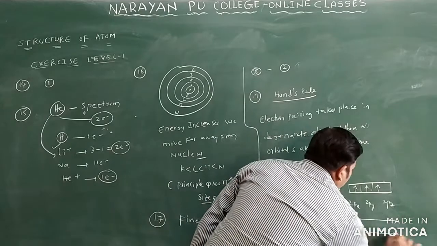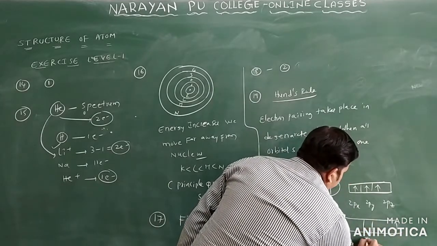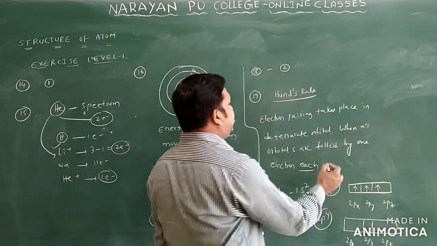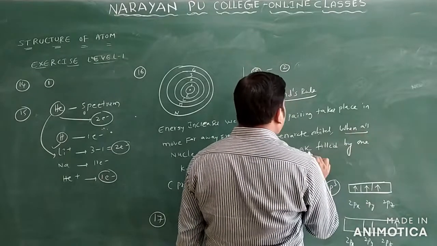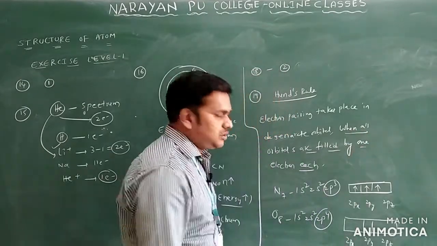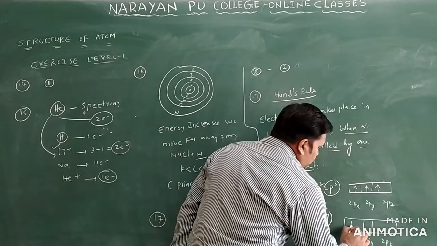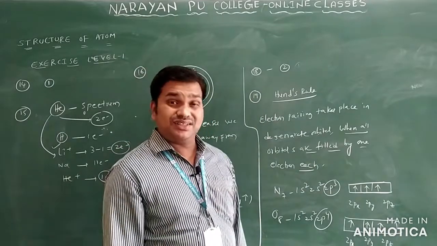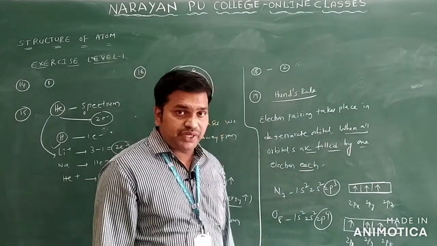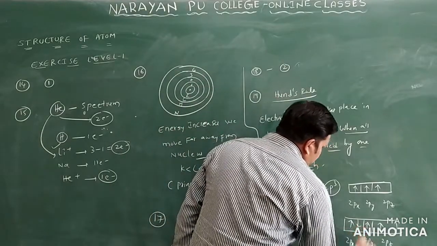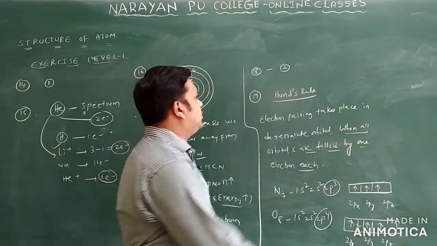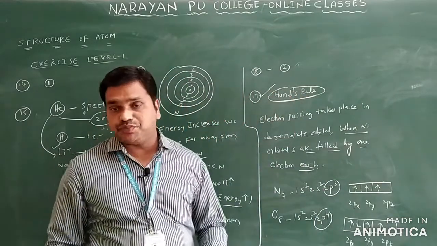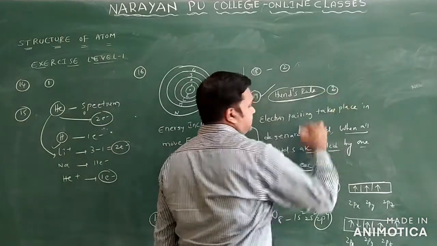If we take the 2p4 configuration, this is 2px, this is 2py and 2pz. So these are the degenerate orbitals only. Electron pairing takes place in the degenerate orbitals when all the orbitals are filled by one electron each only. So we have 4 electrons: 2px 1 electron, 2py 1 electron and 2pz 1 electron only. Now the 4th electron enters into which orbital? 2px or 2py or 2pz? The electron enters into the 2px orbital only. So this is according to which rule? Hund's rule only. So what is the answer for question number 19? We have option 2 as the answer for this question only.